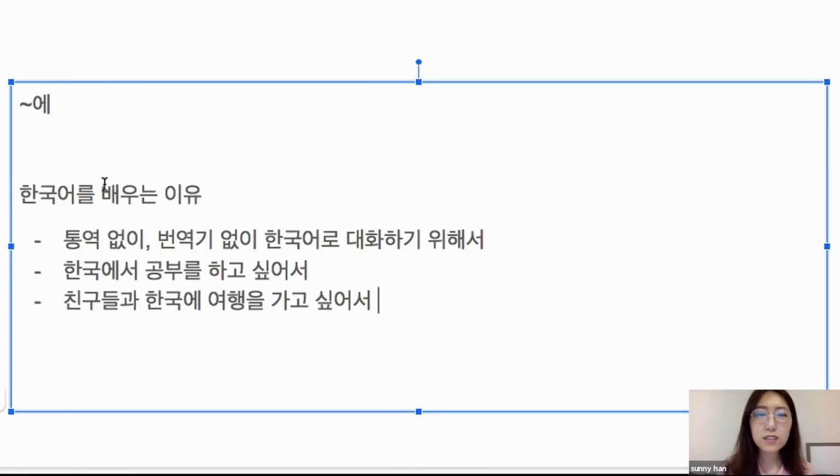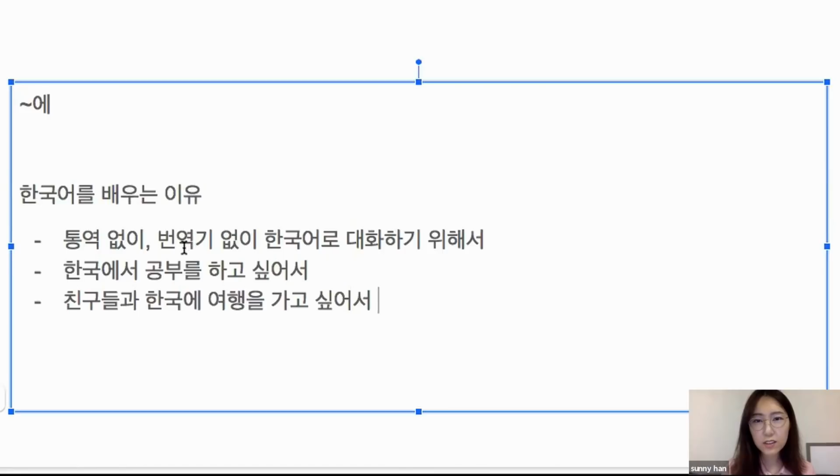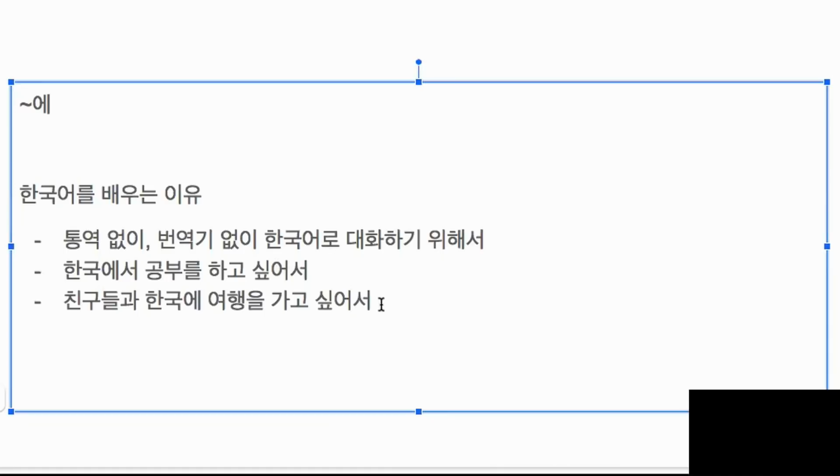이유, reason. 배우다, learning. 한국어를 배우는 이유, reason for learning Korean. And if we add 서, it's like reason because.